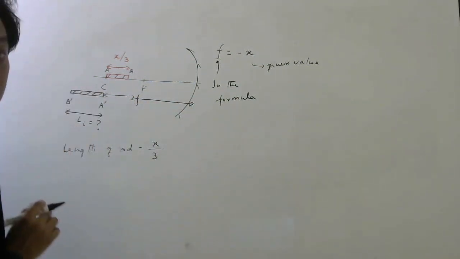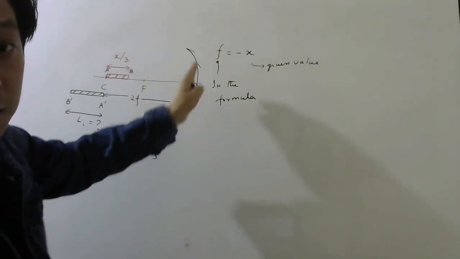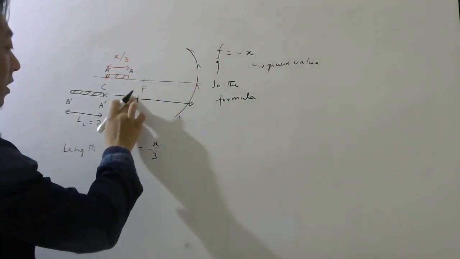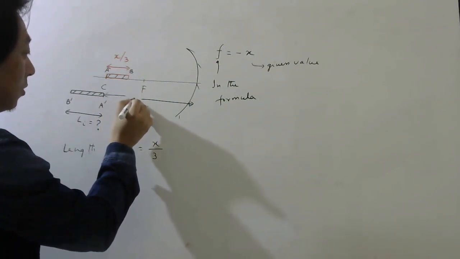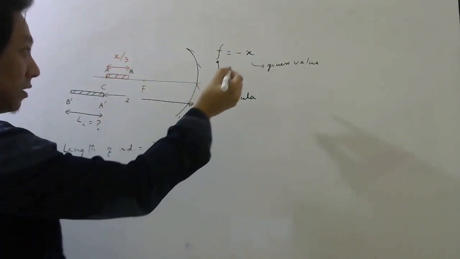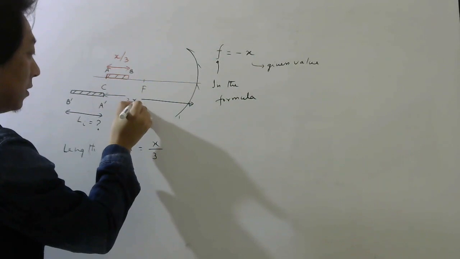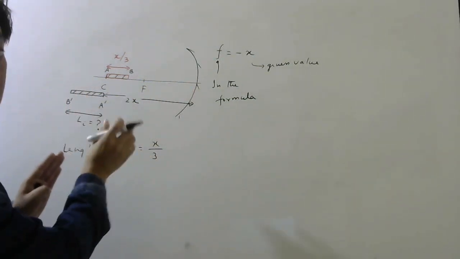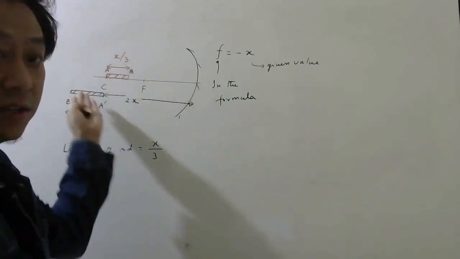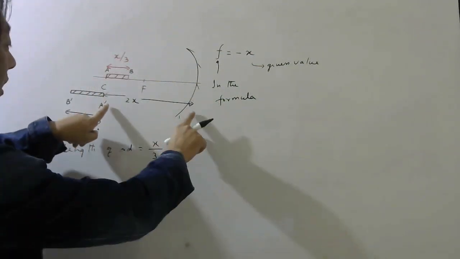Because this is the center. Center is how far from the pole? 2f, which means here I can write this distance. Let me write the given value as x. So 2x. Okay, so length is 2x. If you write with sign, it will be minus 2x. This side, no. So this length is 2x.